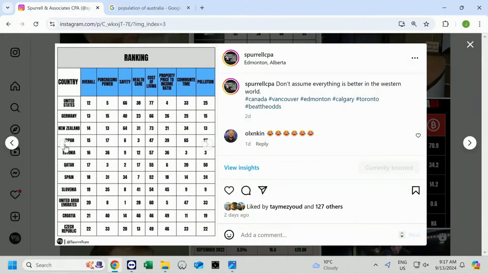So cost of living 74, property price to income ratio. I mean, everyone talks about the cost of housing in Canada. 30th in the world. 30th. There's 29 other countries who can figure out how to have better housing than us. How to have more affordable housing than us. Look at the U.S. 4th best in the world.